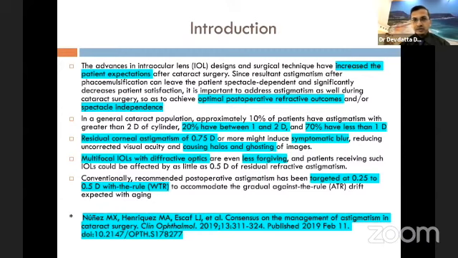Residual astigmatism of 0.75 or more can cause halos and ghosting of images, and even multifocal IOLs with diffractive optics are less forgiving. So conventionally, it is recommended that our target should be around 0.25 to 0.5 with the rule astigmatism in any cataract surgery.